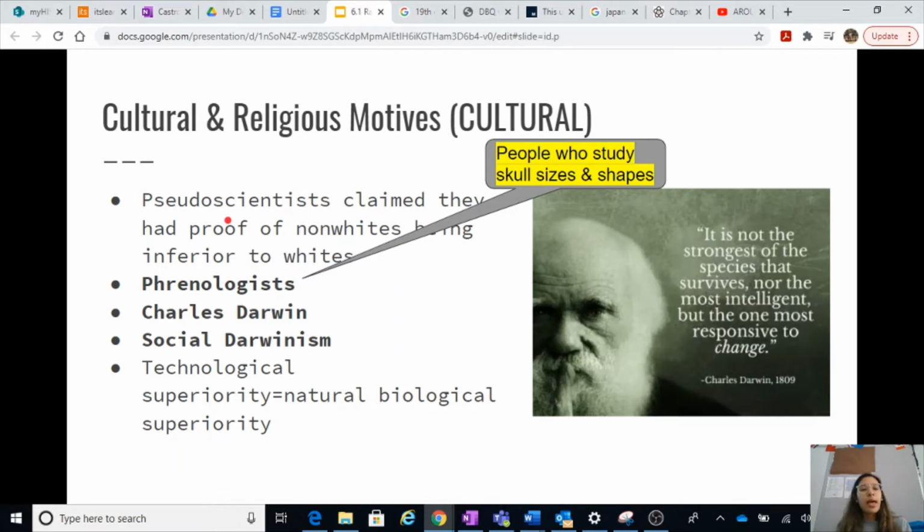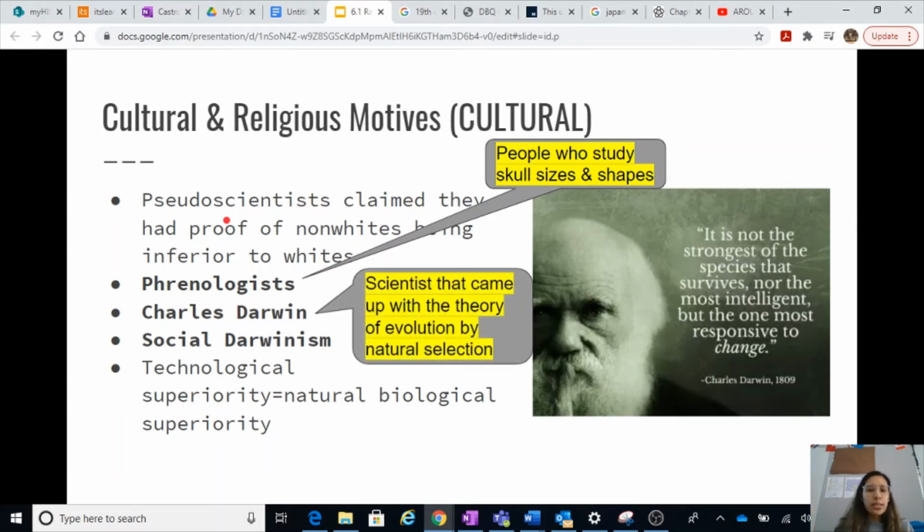They're going to claim that because Africans and Asians and indigenous peoples have smaller skull sizes than whites, they're genetically and biologically inferior to whites. They're going to use that to justify imperialism.